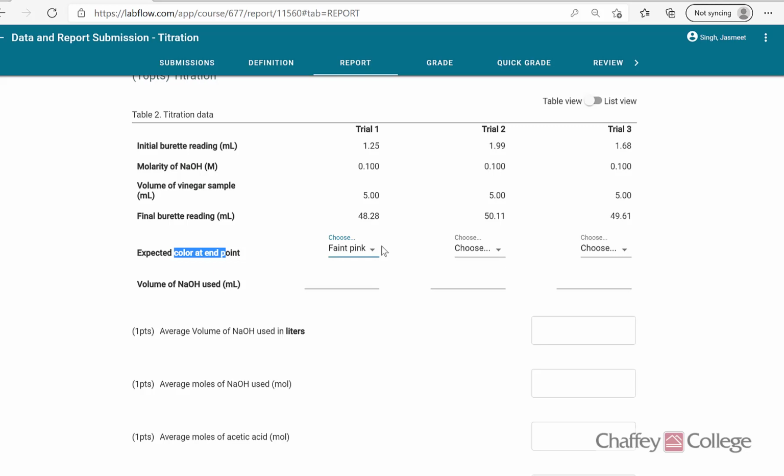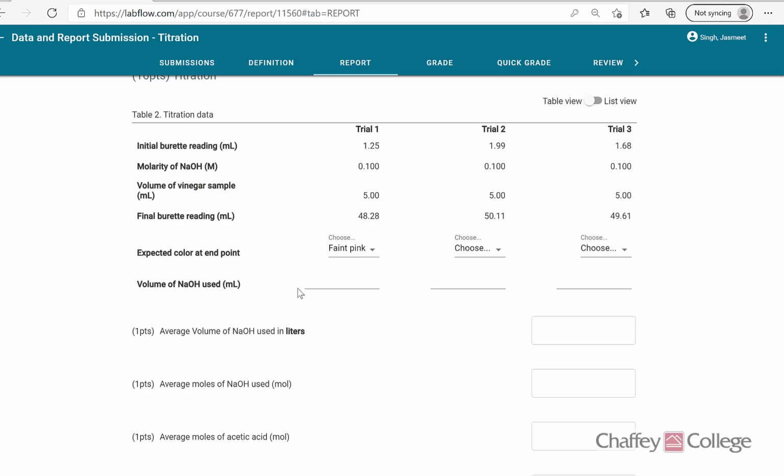If you add extra base after neutralization has been achieved, then this pink color will become dark and eventually purple. Having a dark pink or purple color means that your experiment did not go that well, because you have unnecessarily added extra base to neutralize the acid. So faint pink is the best color, or that should be the expected endpoint.